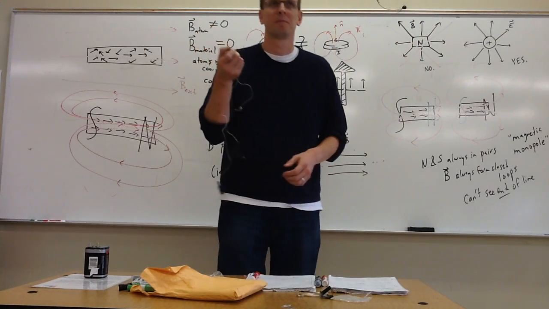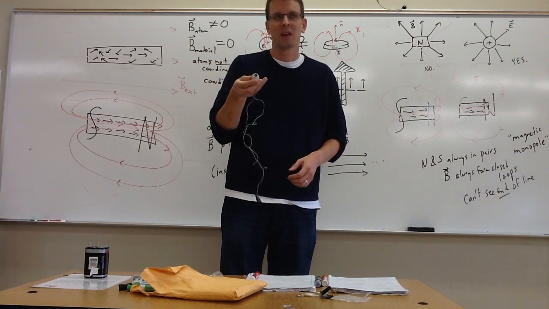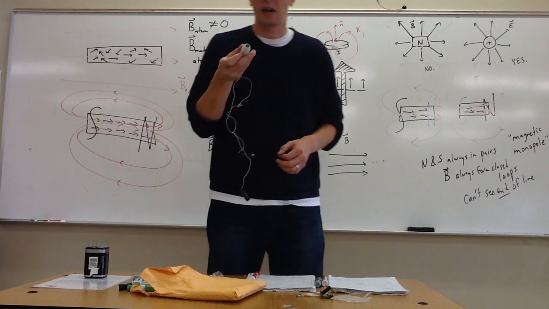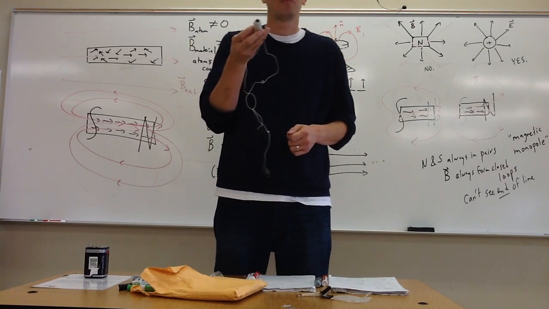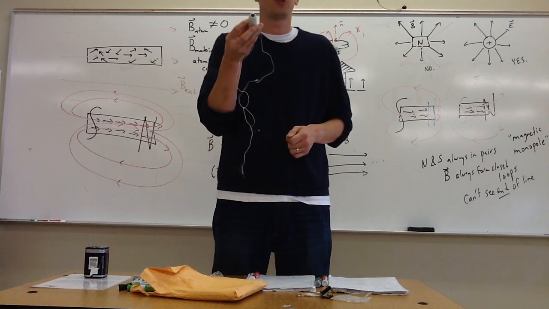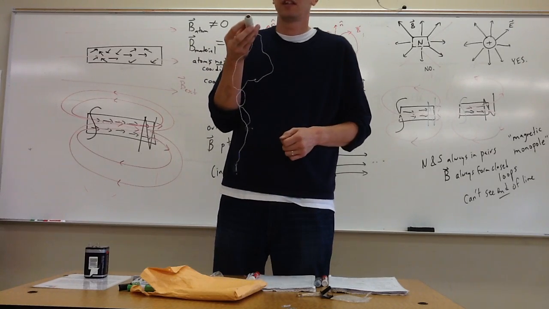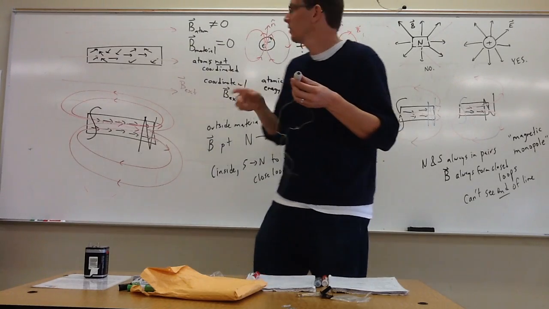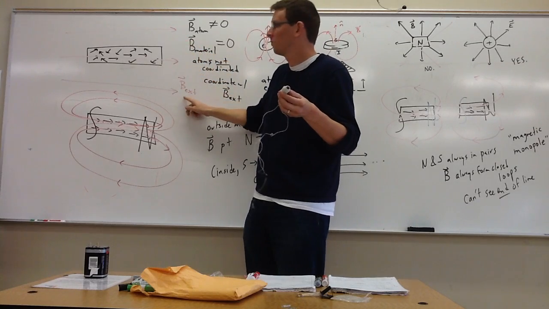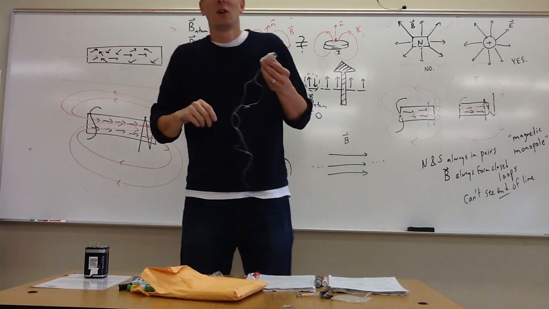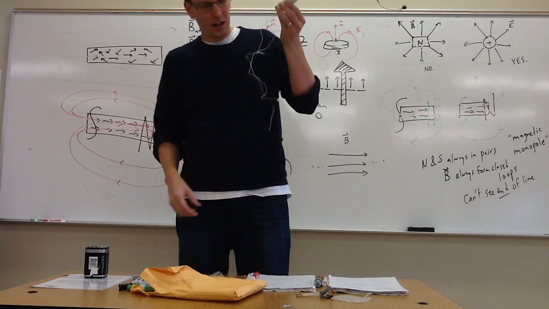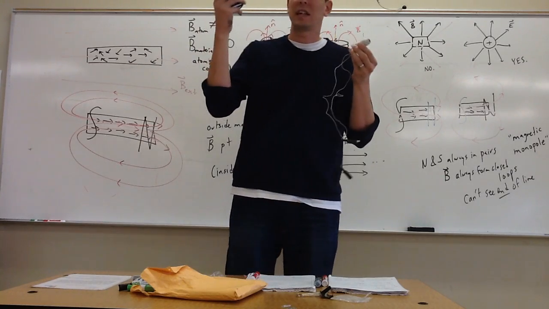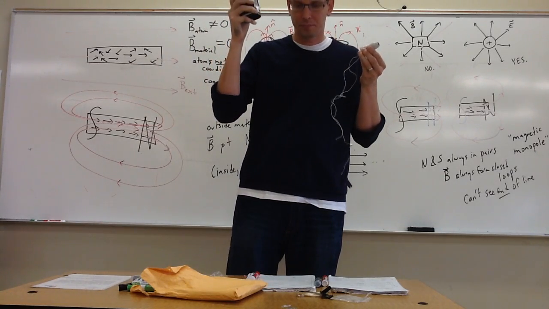It's not a magnet. But I'm going to magnetize this material, and how am I going to do that? Well, you can see I've got a nice tightly wound solenoid around it. That's what's going to do the magnetizing. That's going to be the external field here. So obviously I have to send current through it. So I'm going to do that by connecting this wire to a battery.